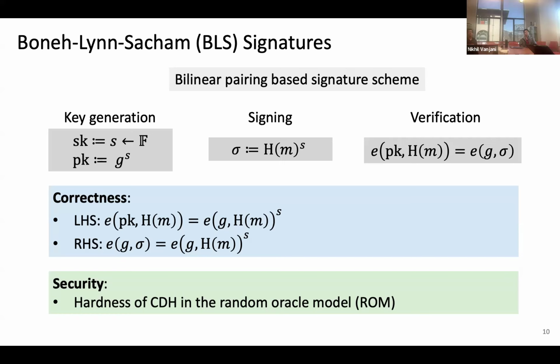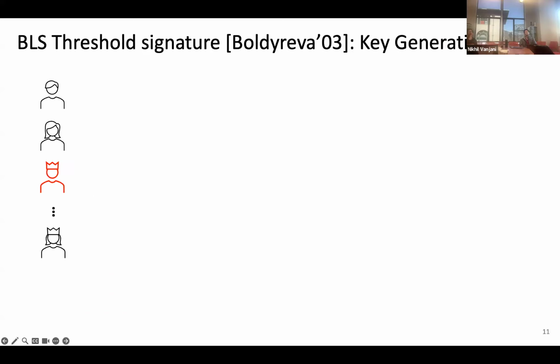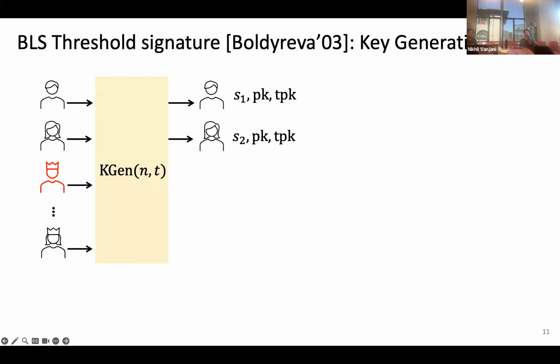So now we'll look at how to thresholdize the scheme. So how to thresholdize the scheme? Parties need to start with a key generation algorithm, which they run parameterized by N and T. The key gen outputs a signing key, a public key, and some threshold public keys.